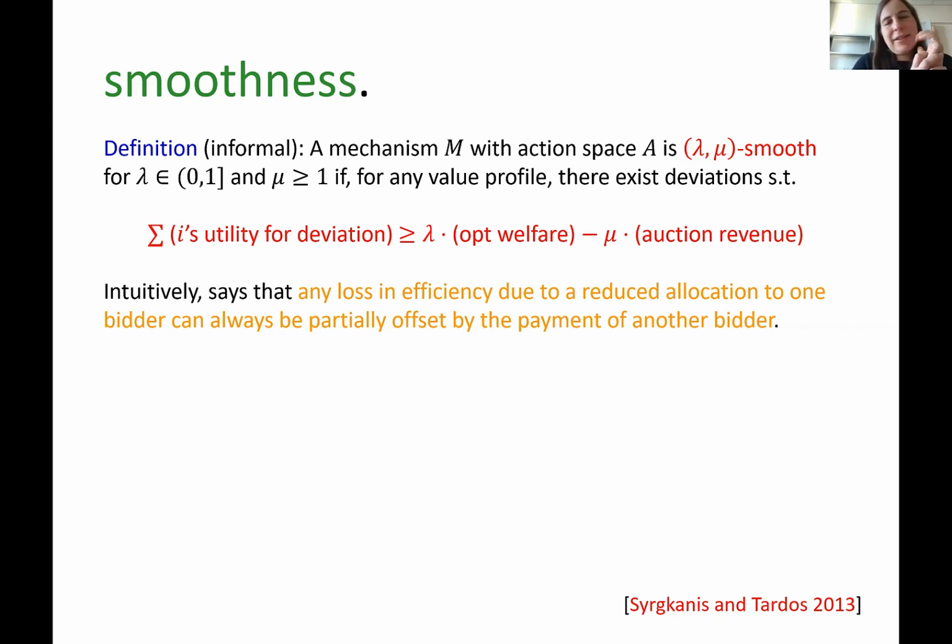So I think all of us in computer science struggle a lot to give a very precise kind of economic intuition for what this inequality means. This is kind of the best I have, but really the point I want to make is that this is a super useful thing to leverage when you analyze auctions, because you don't need to understand the equilibrium. You just need to design these deviations and show that they satisfy this inequality.